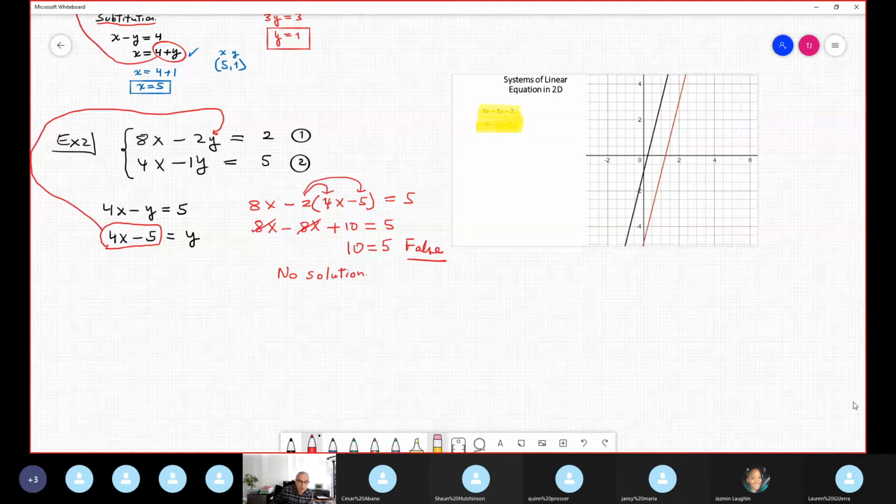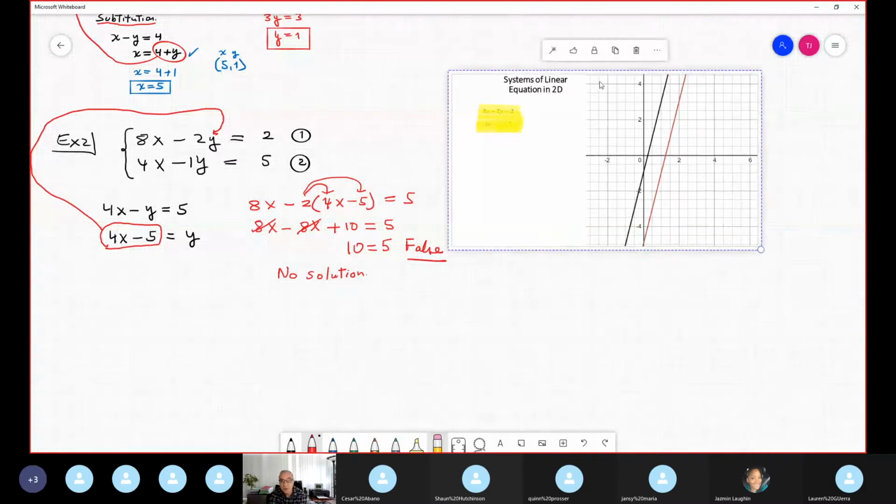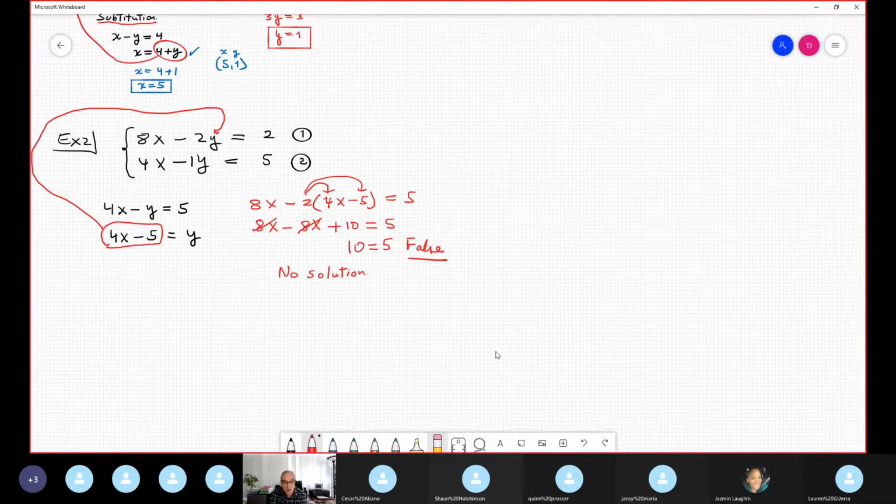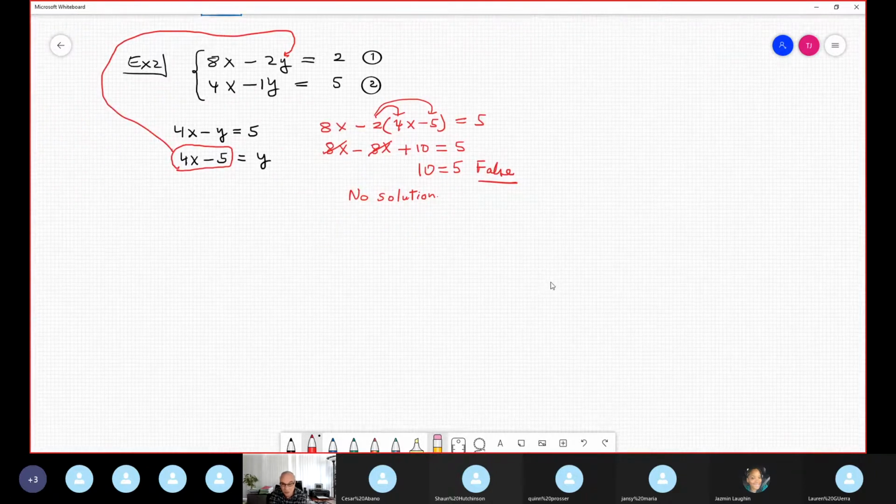Wow, I have no variable. However, the final statement is a contradiction. It's totally false. And the interpretation when this situation happens is no solution. Okay? This is clear because it's 2 variables, it's super elementary. However, when you have more variables, this is more confusing. The geometric interpretation is more complicated to say, you don't know very well, no?